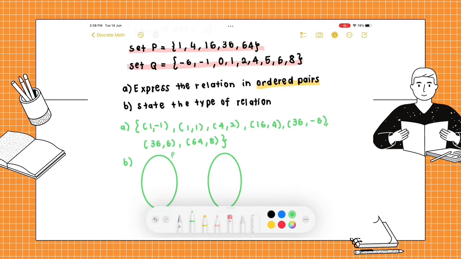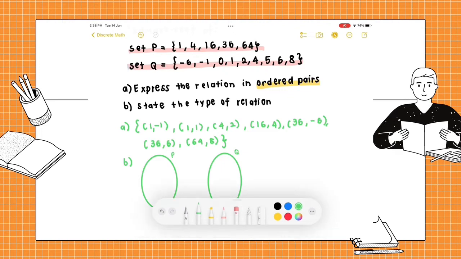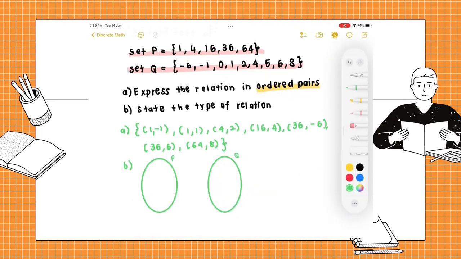Draw two circles, one for set P and one for set Q. Then we jot down the numbers, which are 1, 4, 16, 36, and 64 for set P. Then moving on to set Q, write down -6, -1, 0, 1, 2, 4, 5, 6, and 8.